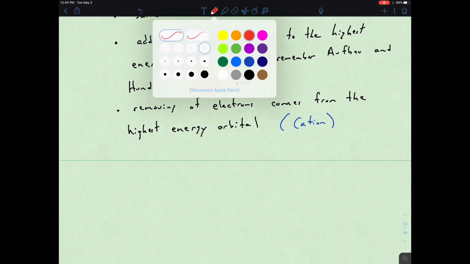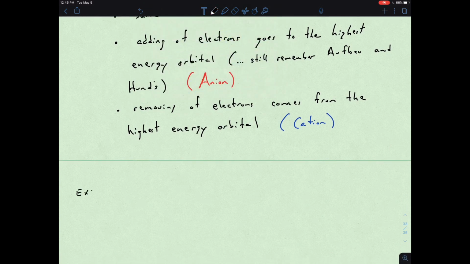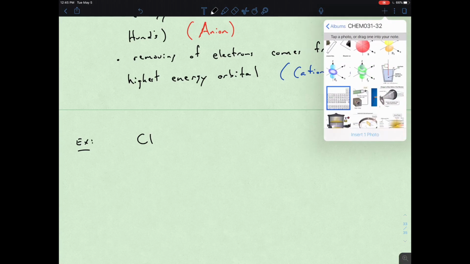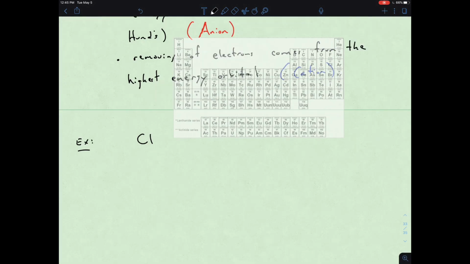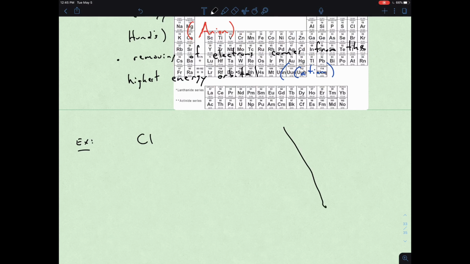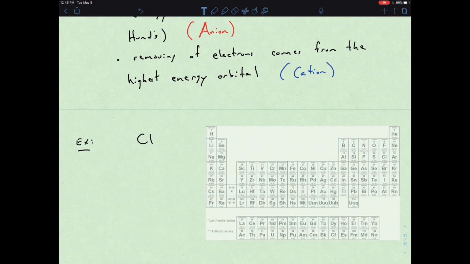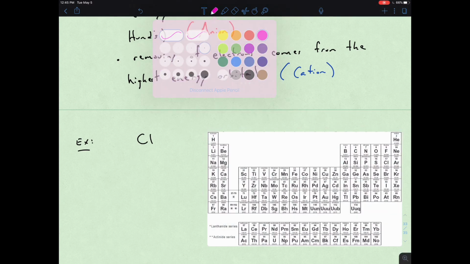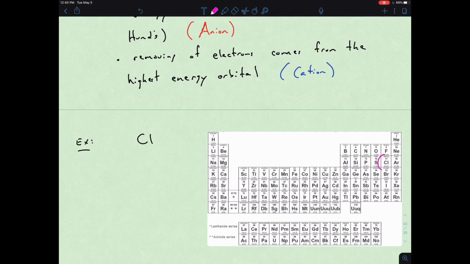So, as an example, we could look at chlorine, and bring the table back to us here. Here we have our chlorine way off to the right here with that atomic number of 17.